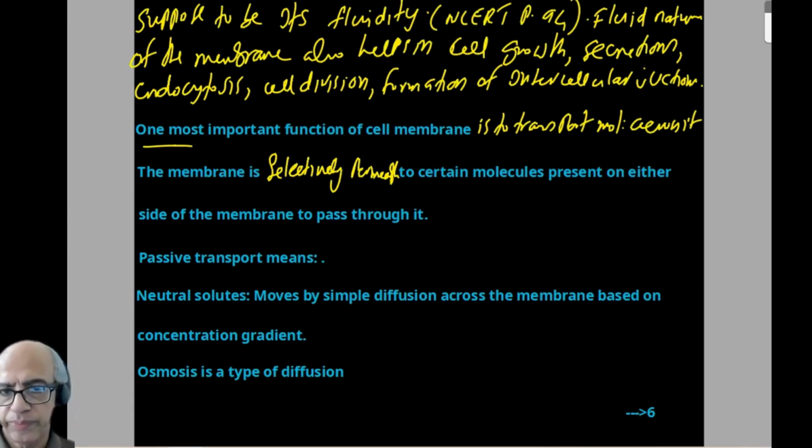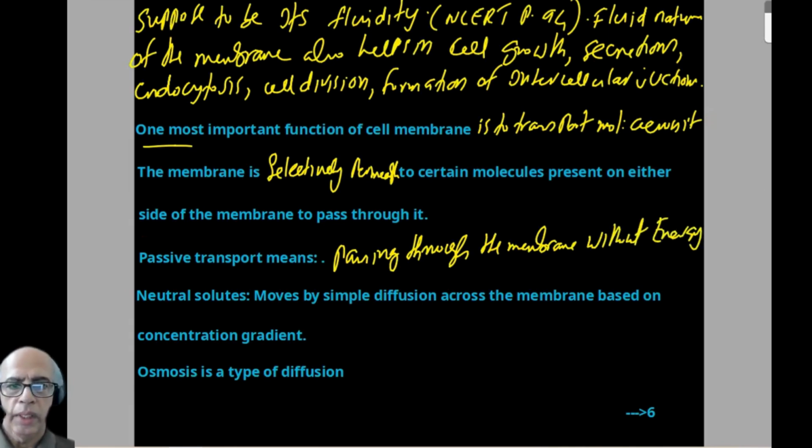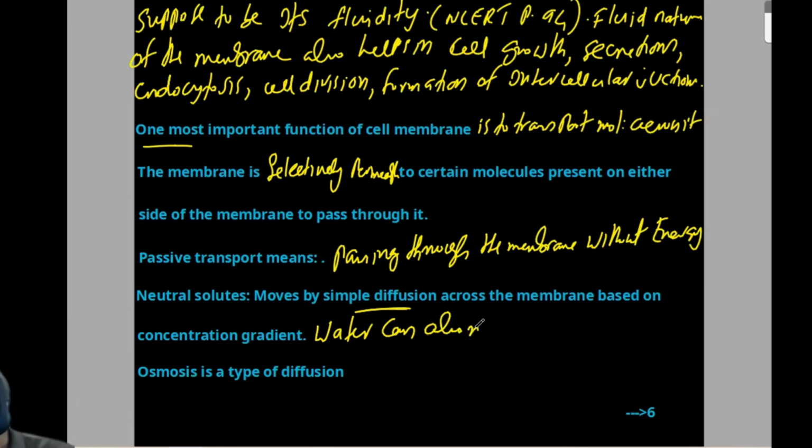Now, passive transport means passing through the membrane without energy, no energy needed. Neutral solutes can move by simple diffusion across the membrane based on concentration gradient. Water can also move based on, again, concentration gradient.